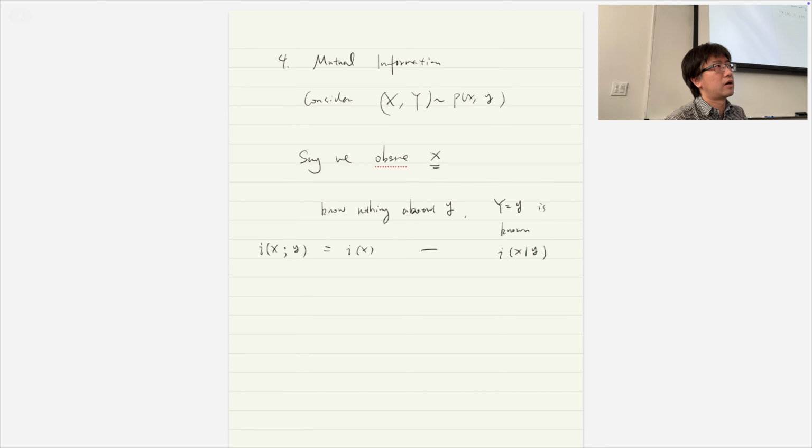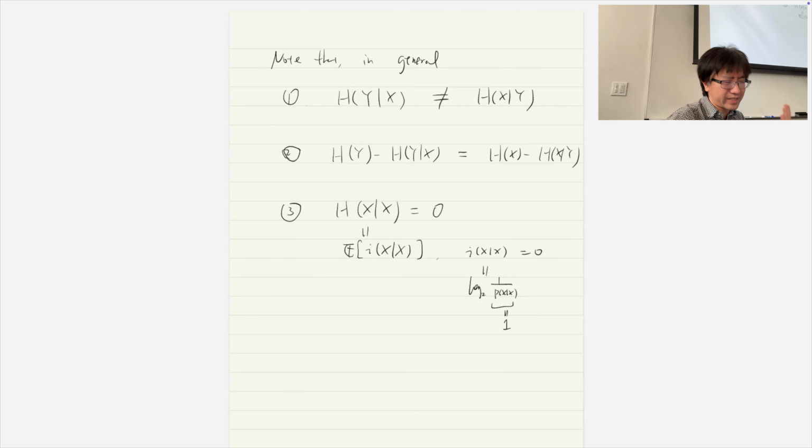Is this related to what you mentioned earlier, when you took the joint entropy and subtracted the entropy of y from that? Not really, but it's a very good question. Of course, somehow everything is related, but the meaning is different.